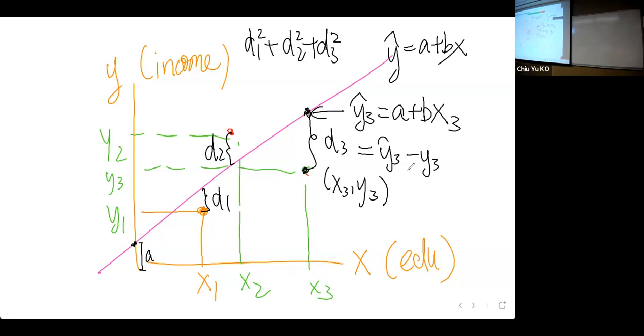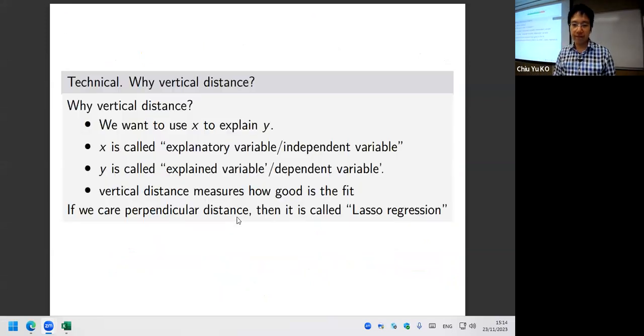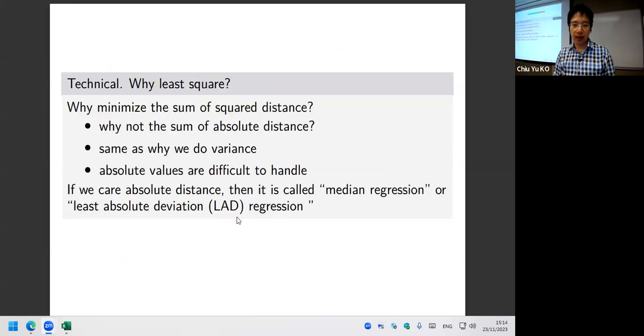Don't need to worry about the calculation, because everything will be in Excel, and because the derivation requires calculus, I'm not going to tell you the calculus. But the thing is, you try to minimize the square of the vertical distance.